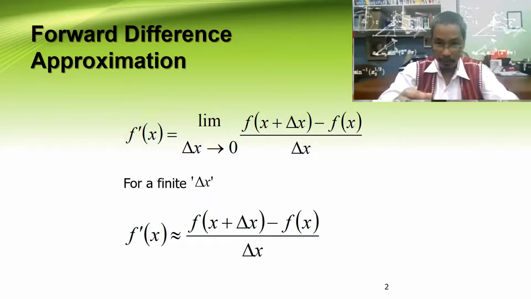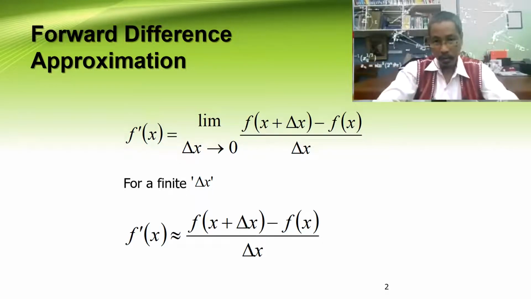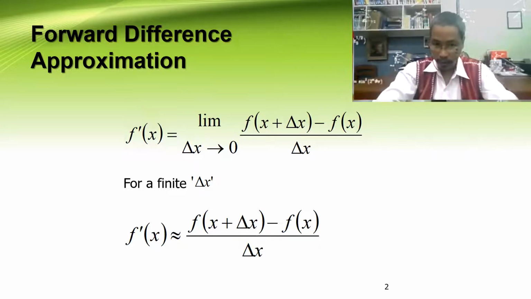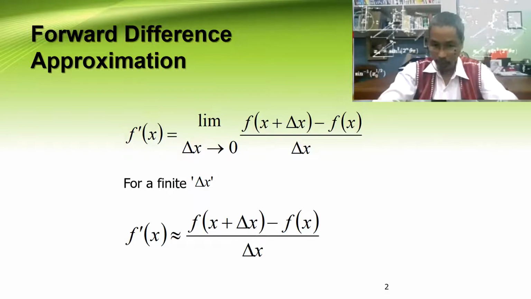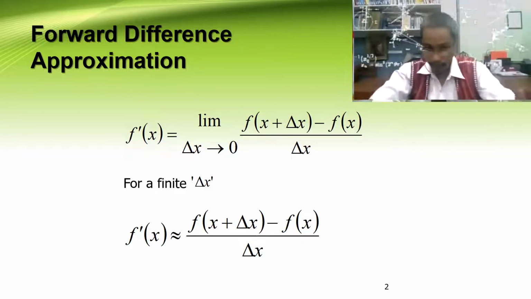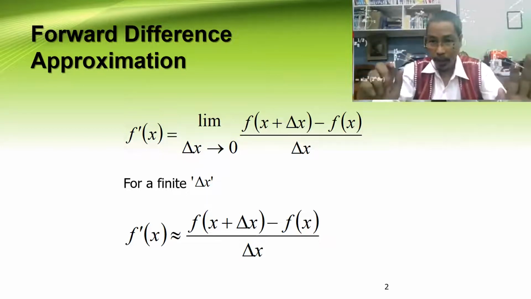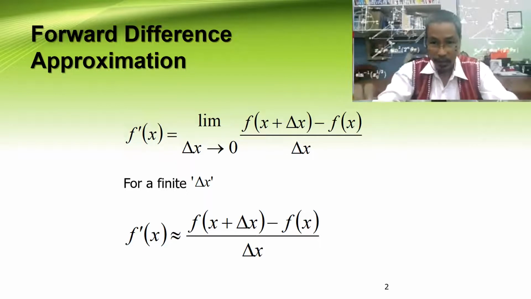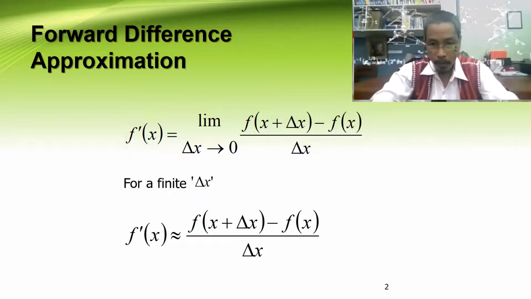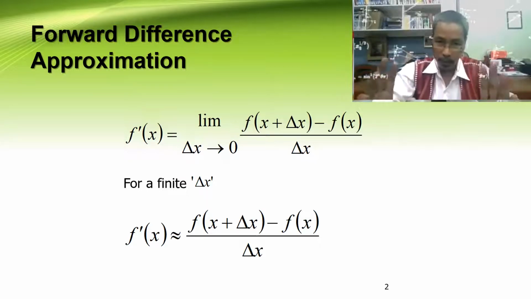That mathematical procedure is neglected, and we just assume that f(x plus delta x) minus f(x) over delta x is the approximation.